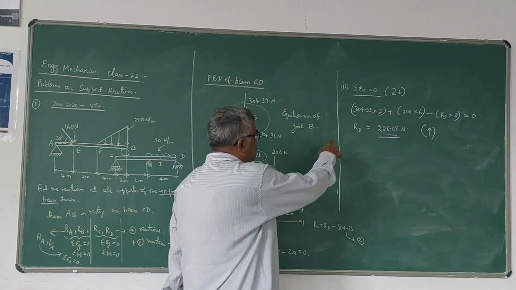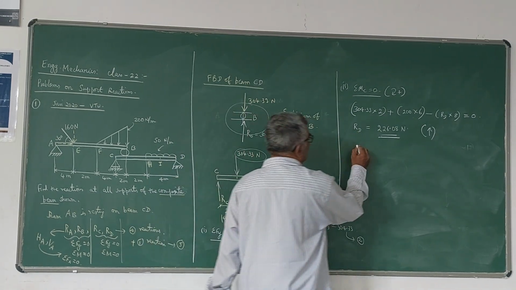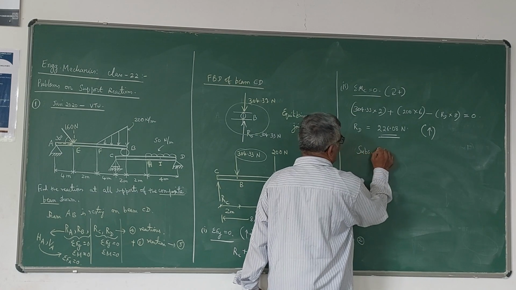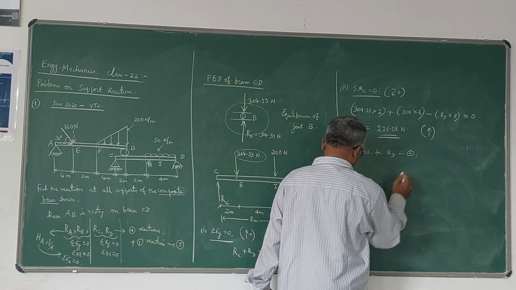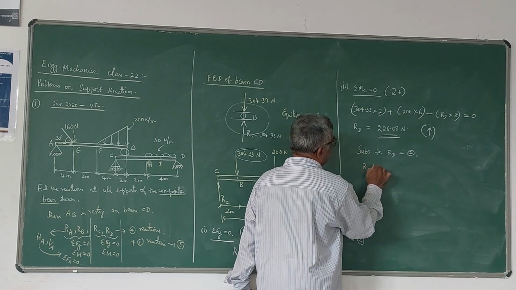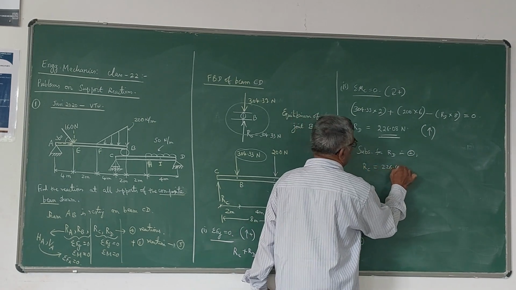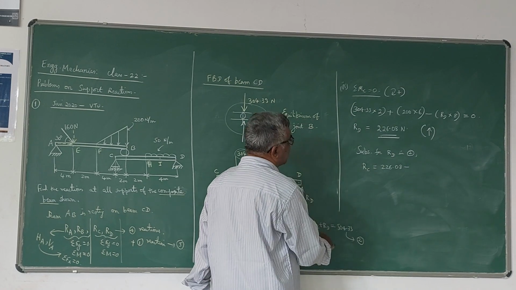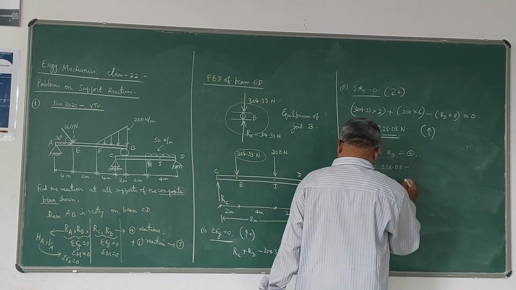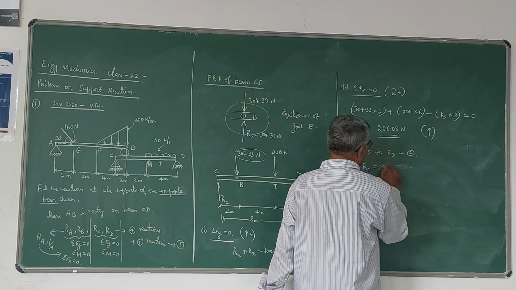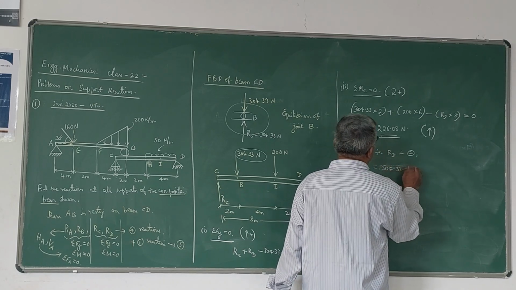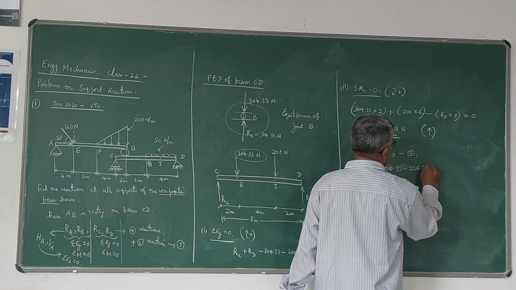Next, substitute this value of RD in equation 2. Substituting for RD in equation 2, you can get the value of RC. RC is equal to 504.33 minus RD, that is minus 226.08.